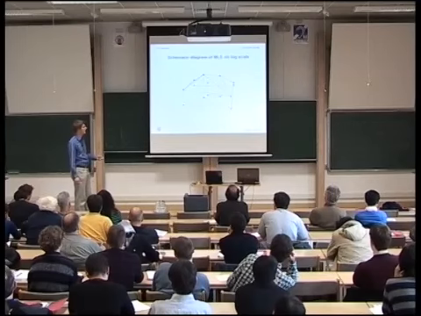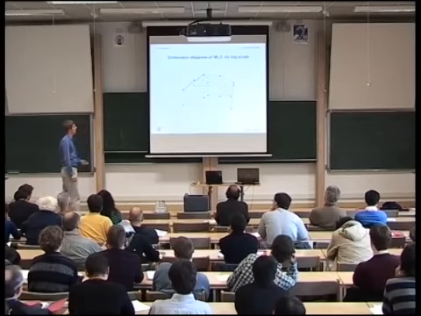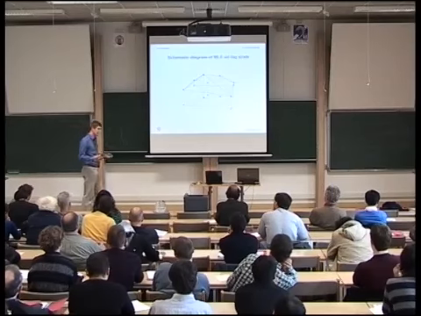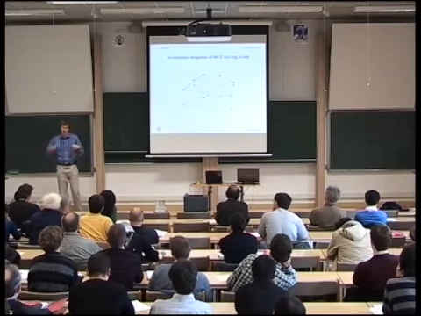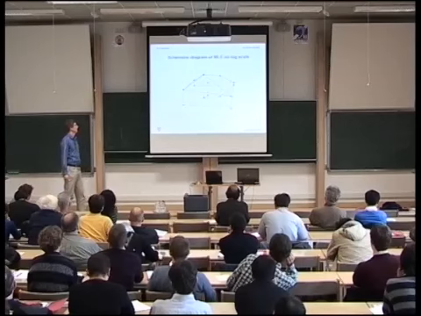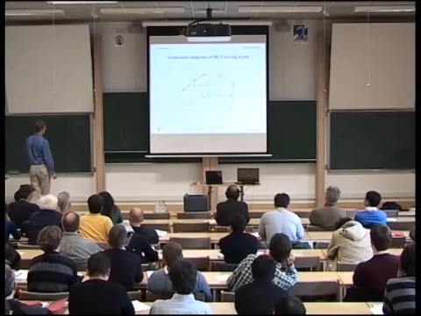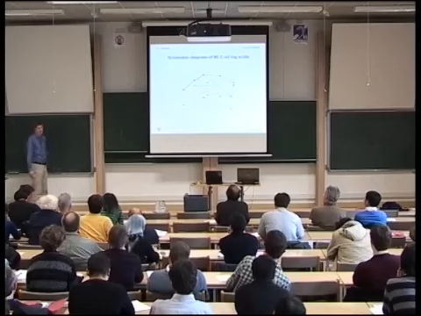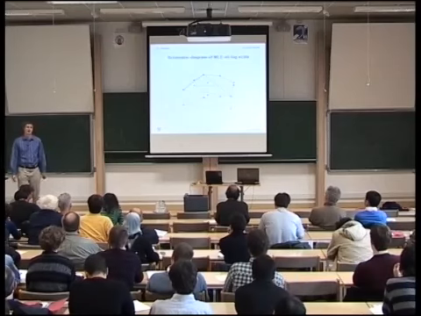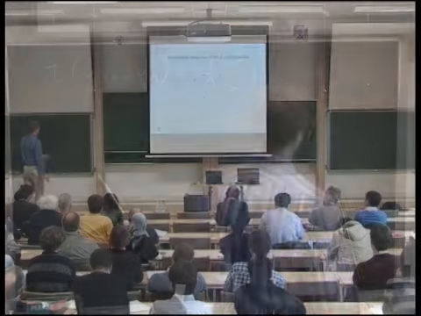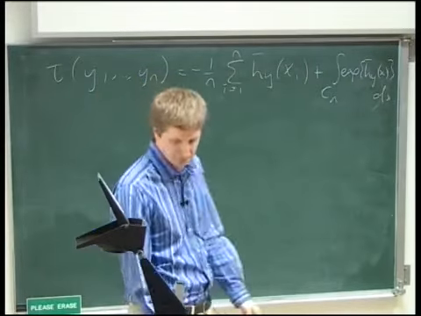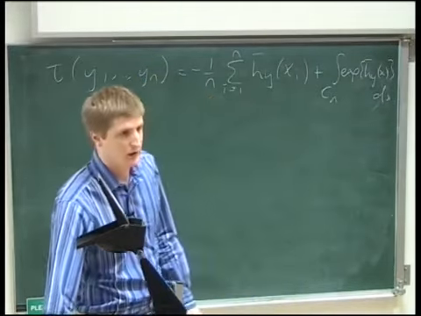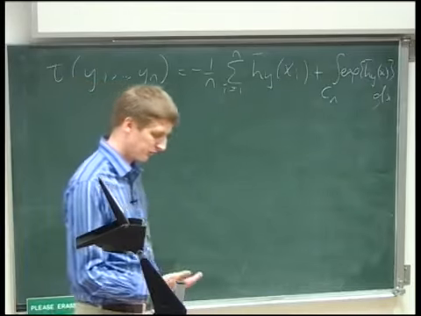You have to triangulate the convex hull, and map each one of those onto the unit simplex, and then you can establish a recurrence relation that gets you down a dimension each time. So you can write down a closed form analytic expression. It's a little bit complicated, but you can write it down for what this integral is. So I am actually able to compute this function tau for any generic point y1 up to yn.